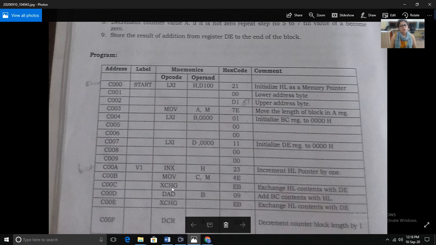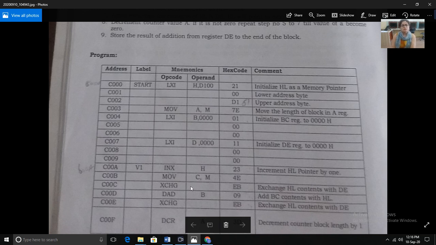Now why are we using the exchange instruction? Because we have to move the HL register pair again and again to the next memory locations, and we have to keep it vacant. As we have to keep it vacant, we move the data of the HL register pair to some other register pair. So that's why in this program we have to use the exchange instruction, because we are using the DAD instruction.